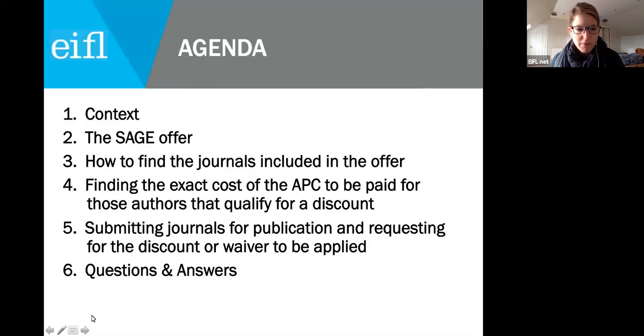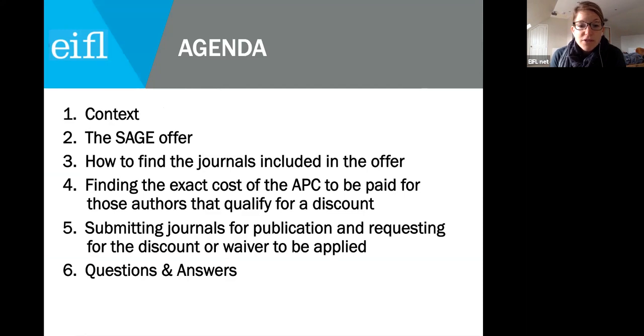So this is the overview of what we're going to cover. I'll just give a little bit of context in case there's people on the line that are not familiar with the whole thing, so just go over what APCs are and so on. Then we'll look at the Sage offer in detail. And then we'll focus on how to find the journals that are included in the offer, and also how to find the exact cost of the APC to be paid by those authors that qualify for a discount.